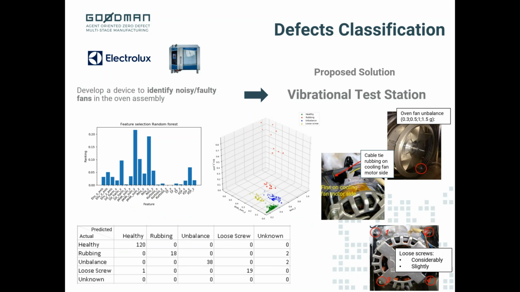Intelligence is provided to the whole device. In this case, several faulty conditions have been simulated by Lucioni, for instance, oven fan unbalance, cable tie rubbing on the cooling fan on the motor side, or loose screws.